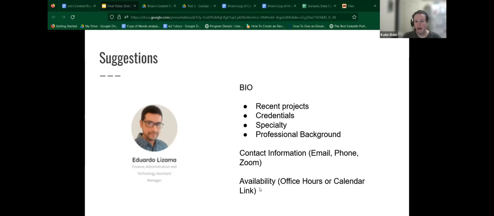So that can be office hours, like between 10 and 2 or 9 to 5, or you could have a calendar link so people can click on it and schedule a meeting with them over phone, in person, or over Zoom or another virtual meeting platform. That would be valuable for both your audiences, as not all rural people have internet, as I'm sure y'all know.